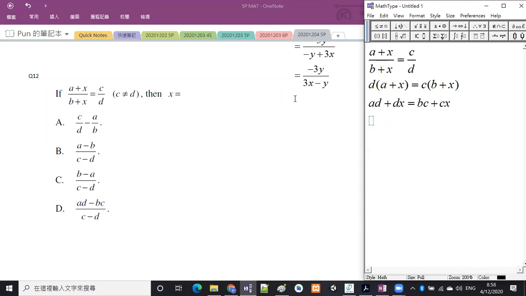Okay, so subtract the CX to the left, and then subtract the AD to the right, BC minus AD. Okay, and then take out the X, it's D minus C is equal to BC minus AD. And then divide the D minus C to the right, it's D minus C, and then search for the answer.